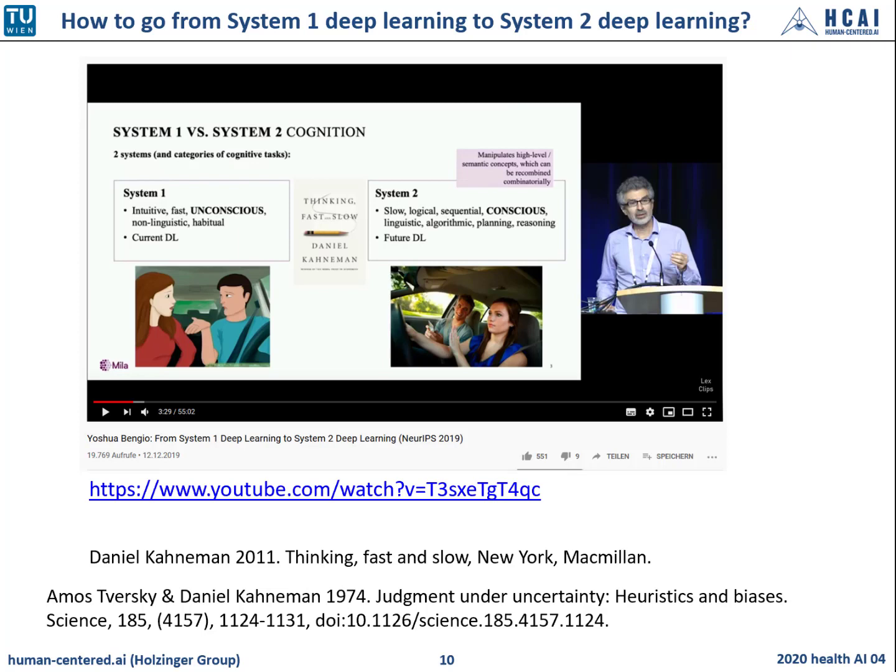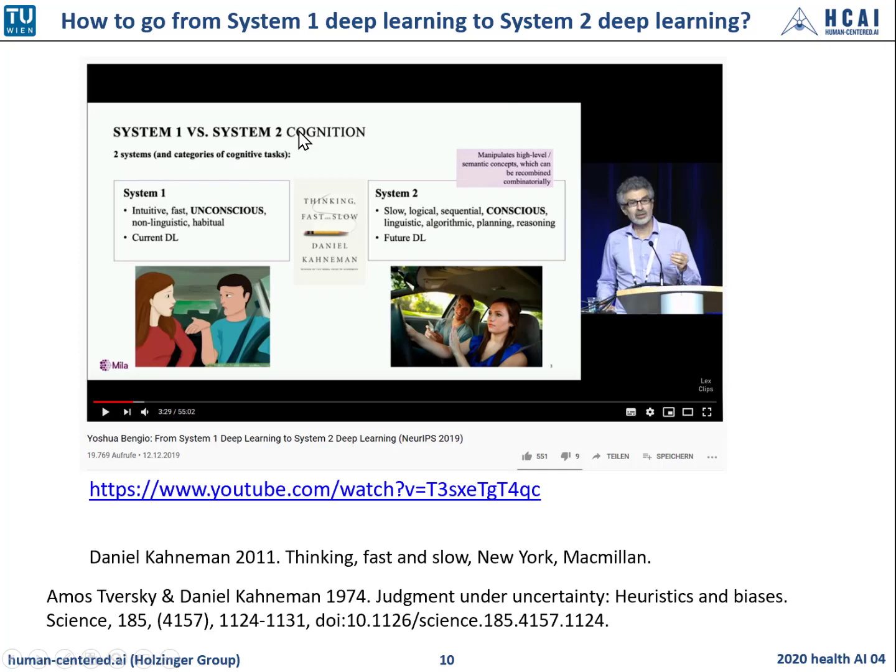Yes, this is really very relevant. So relevant that Yoshua Bengio, the machine learning guru from Canada, had it in his focus during the last Posner lecture at the NeurIPS conference in Vancouver, December 2019. And actually, he described here the System 1 versus System 2 cognition.